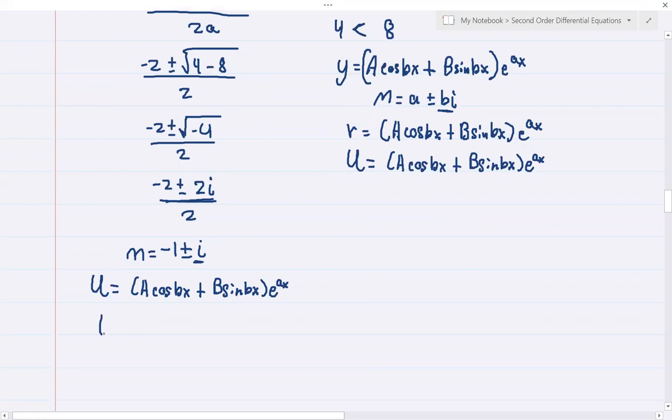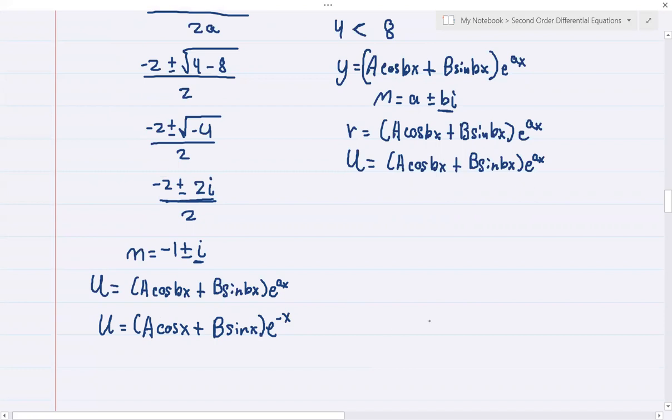So therefore, we will have a times cosine of 1 times x, or just simply cosine x. The same thing to your sine: b times sine x times e raised to a. Your a is basically the constant term. Since your constant term here is negative 1, we will have negative 1 times x, which is just negative x. That will be your u function.